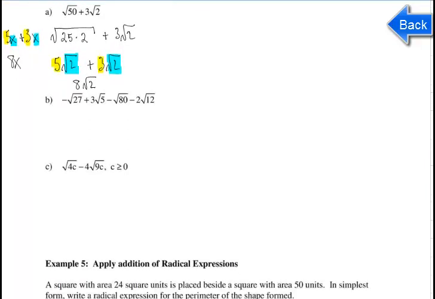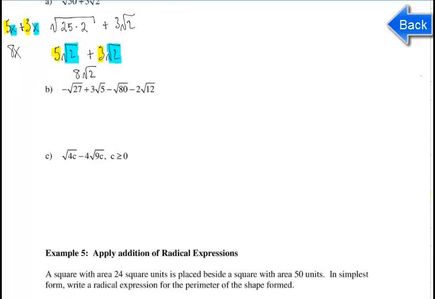Okay, in our next example, we have, once again, radicals which are not simplified. That would be the negative root 27, the negative root 80, and the negative 2 root 12. All of them need simplifying. So on the first one, the negative square root of 27, 27 can be written as 9 times 3. 3 root 5 is already simplified.